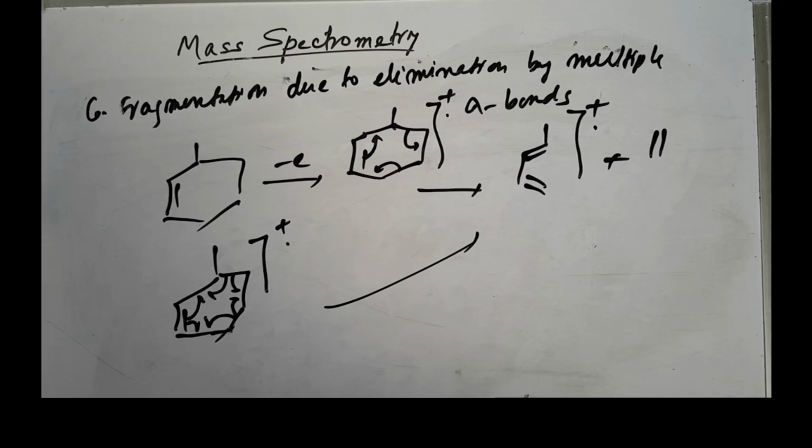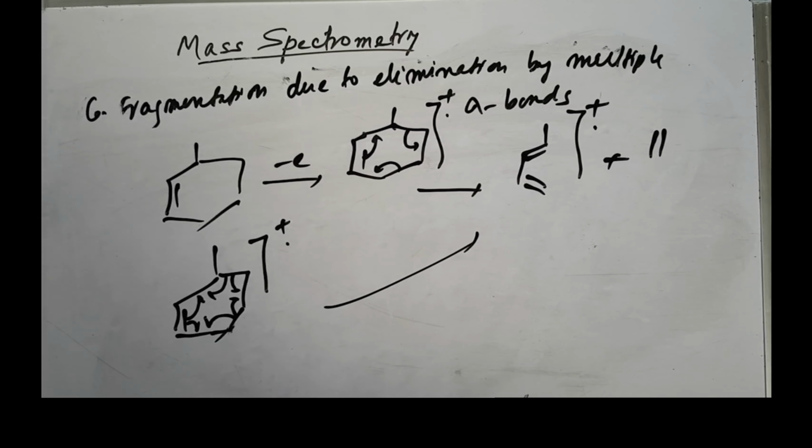So examples are given, and in the mass spectrum we study the m/z ratio, the mass to charge ratio, on the abscissa, and the relative abundance on the ordinate, which gives the mass spectrum of the compound. So I'm giving the different modes of fragmentation.